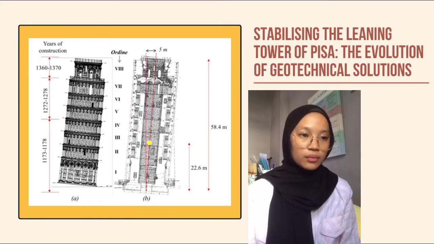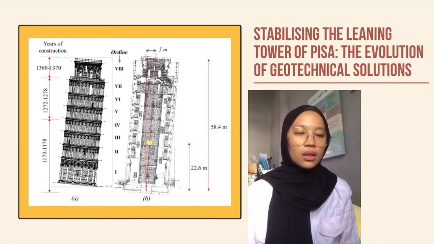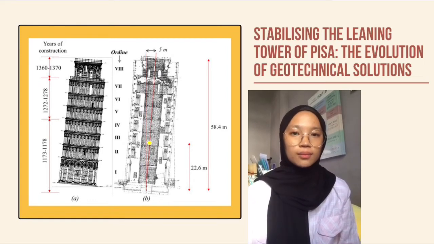Unraveling the history of the tower and understanding the mechanism of its movement proved crucial to developing the successful stabilization measure. A detailed technical description of the project is given by Burland et al.